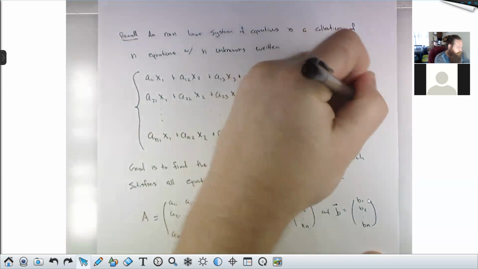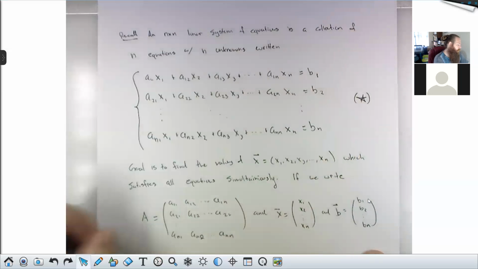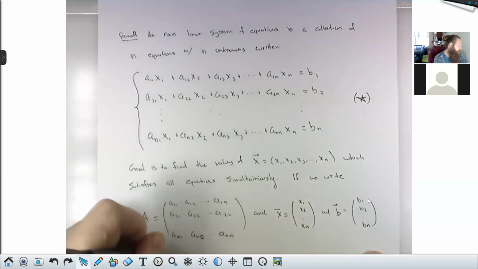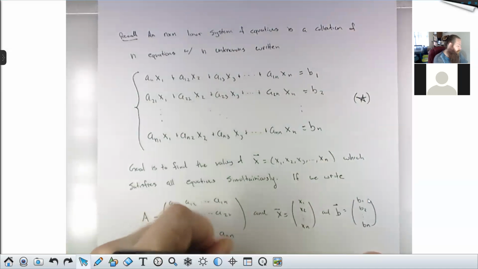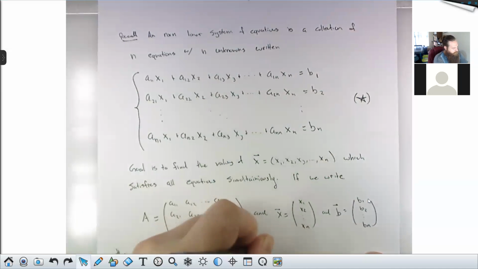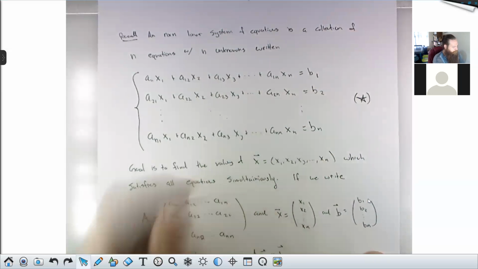Then this system, we'll call it star, is equivalent to the matrix equation matrix A times vector x equals vector b.